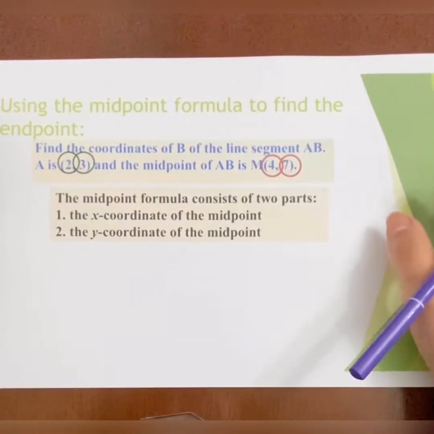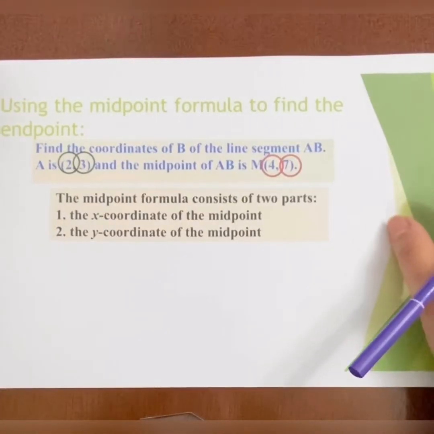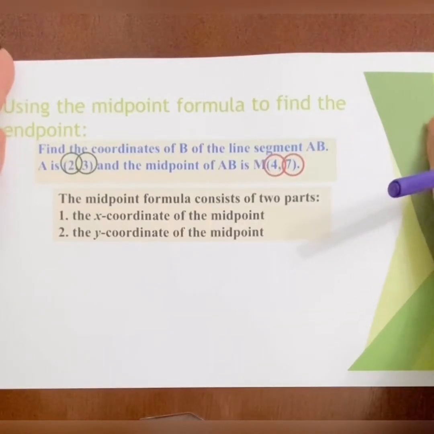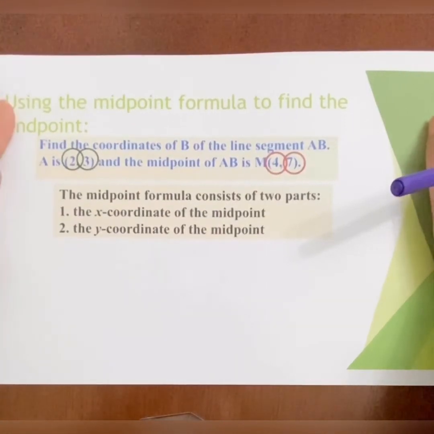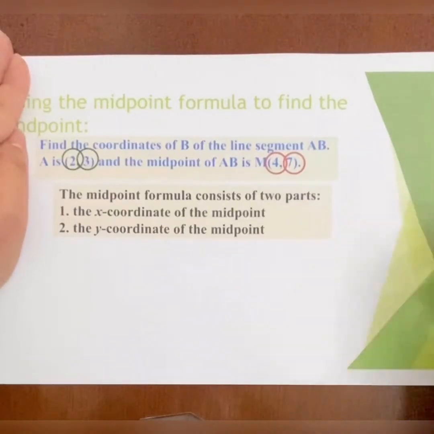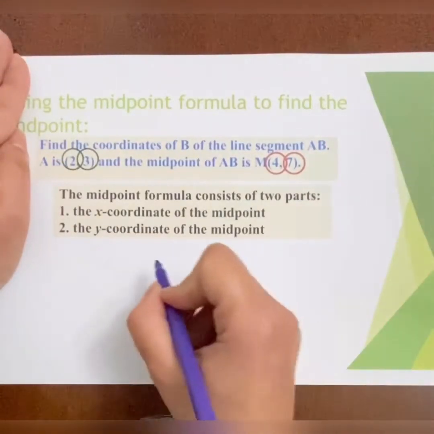Using the midpoint formula to find an endpoint. Here we're not finding the midpoint. We don't want to find the midpoint. We have the midpoint, we have one of the endpoints, and we need to find the other endpoint. Let's say you have, I will draw it like here.